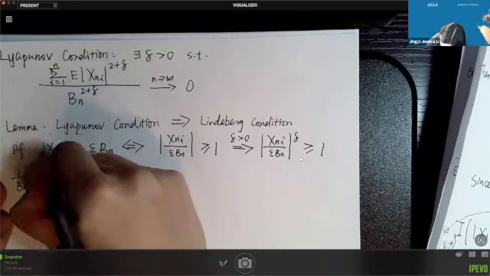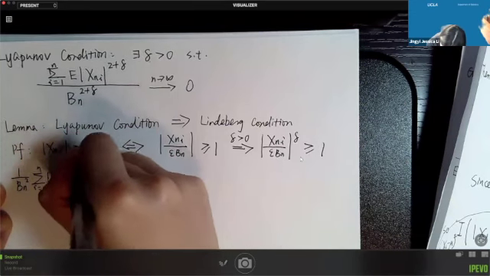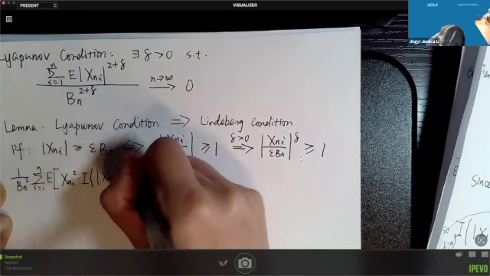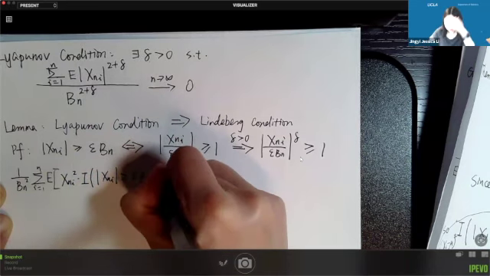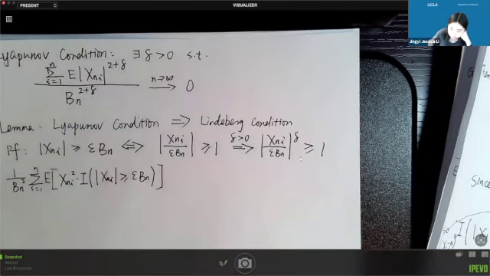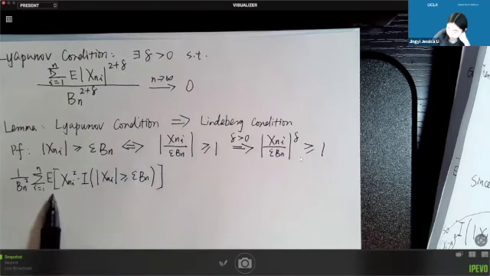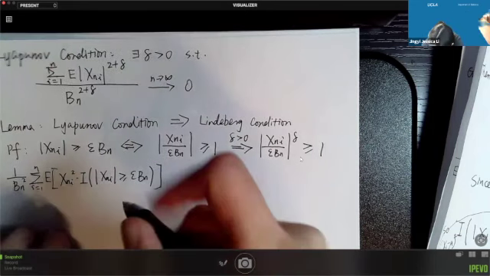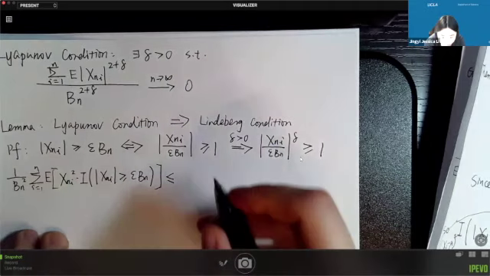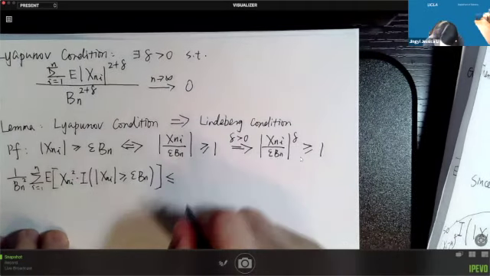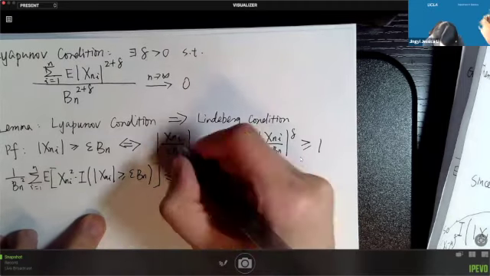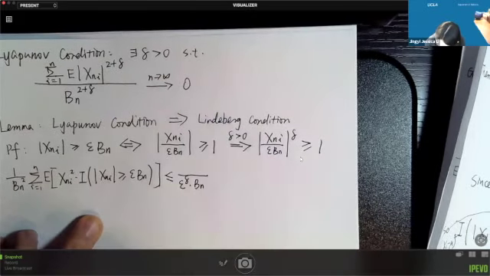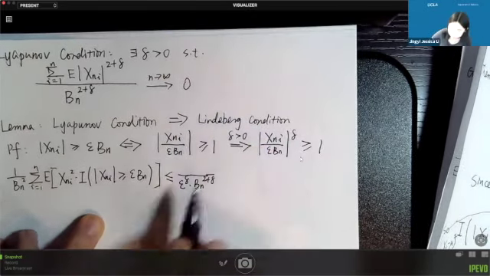So you see, then by the Lindeberg-Feller condition, this is the expectation of X_ni squared times the indicator of |X_ni| greater or equal than epsilon B_n. What I can do is multiply this by this. Because this is bigger or equal than 1, I can write this is less or equal than, I multiply by 1 over epsilon to the power delta times B_n to the power 2 plus delta, because I'm doing the multiplication.